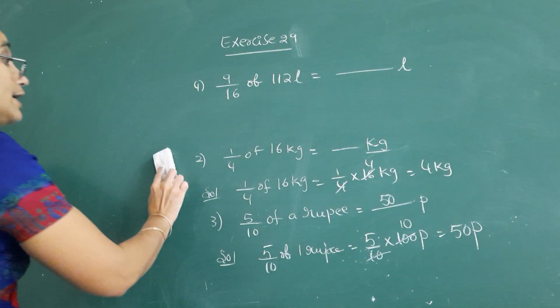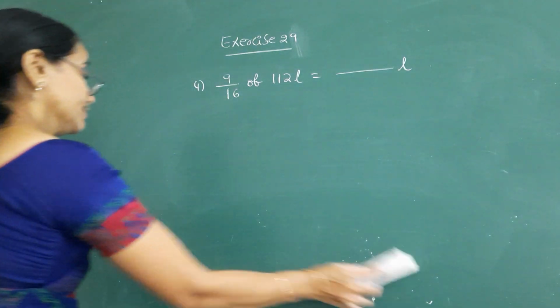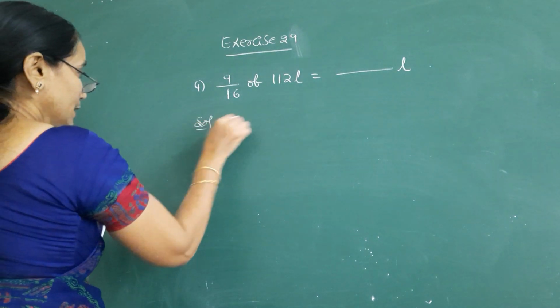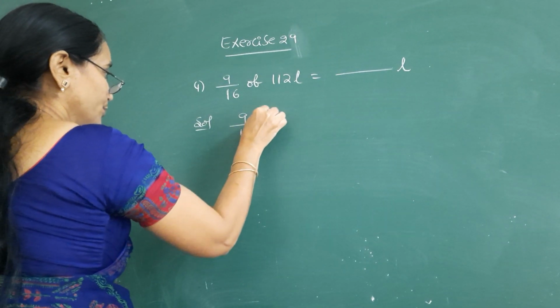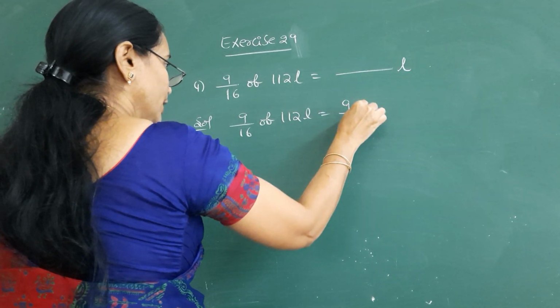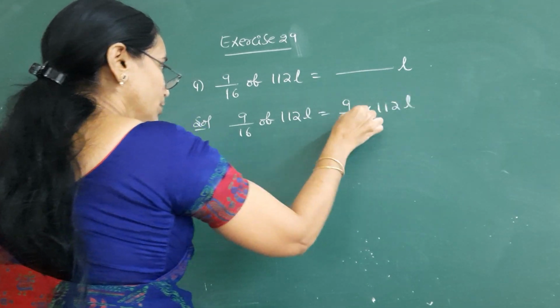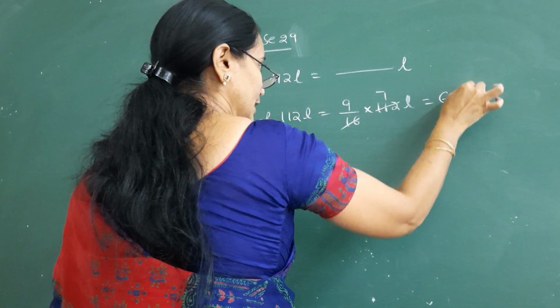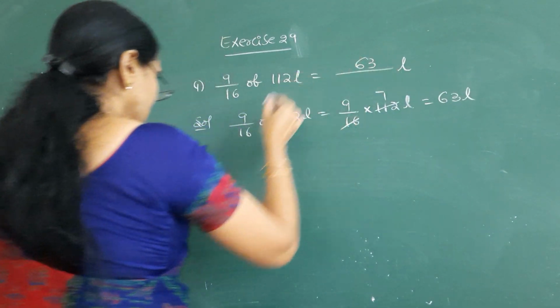Okay, we have to do calculations. 9 by 16 into 112 liters. How many times will it go? 7 times. 9 sevens are 63 liters. So the answer is 63 liters.